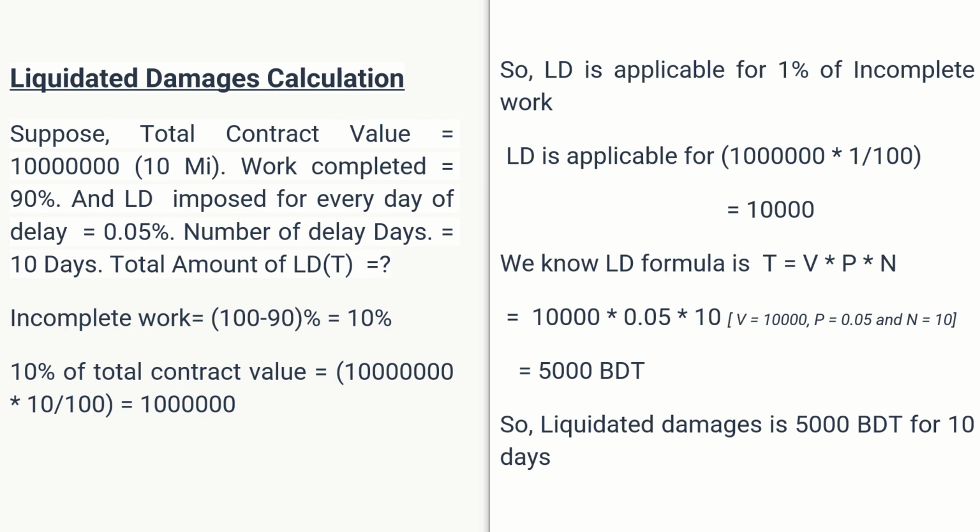As per the standard tender document of the Bangladesh government, the liquidity damage range is about 0.05 to 0.1, and the liquidity damage formula is taken from the standard tender document of the Bangladesh government.